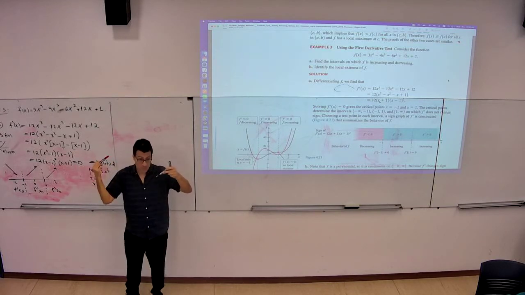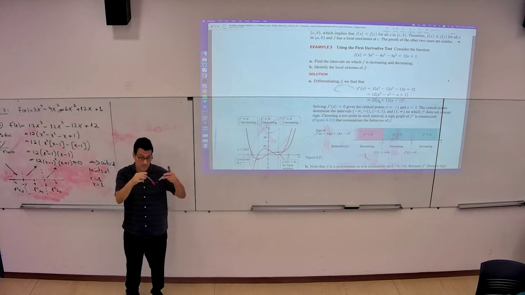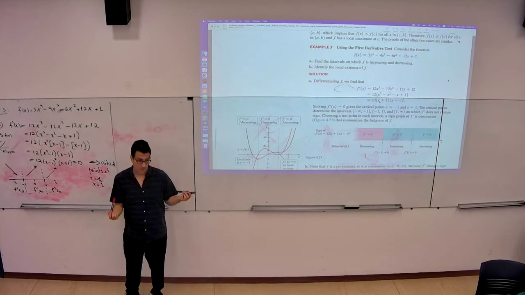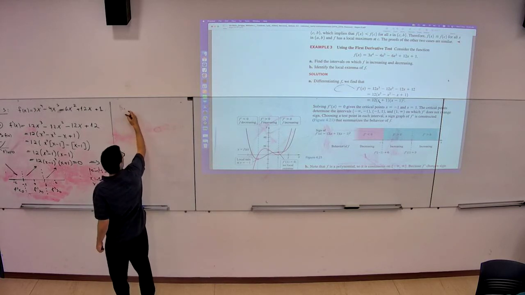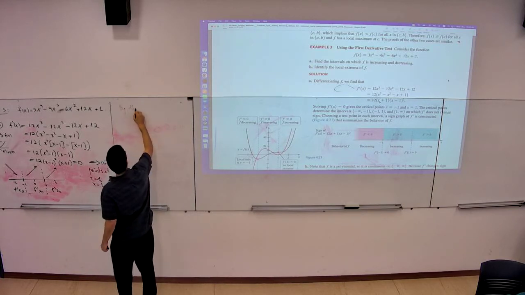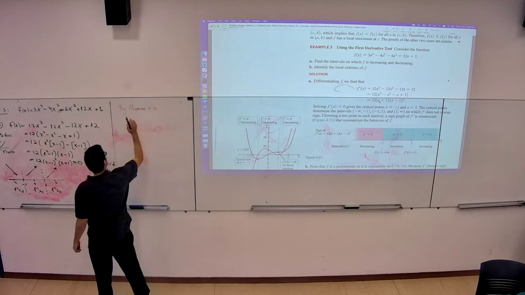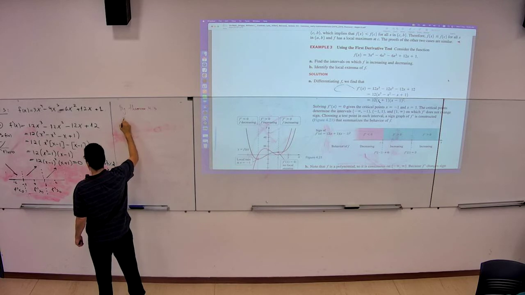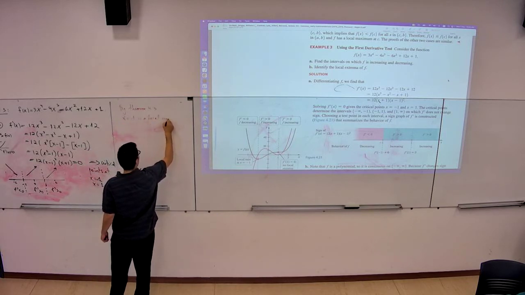The function is continuous. This function is super continuous. These two branches indeed match at that point. So you have a local minimum. By theorem 4.3, x equal -1 is a local min.